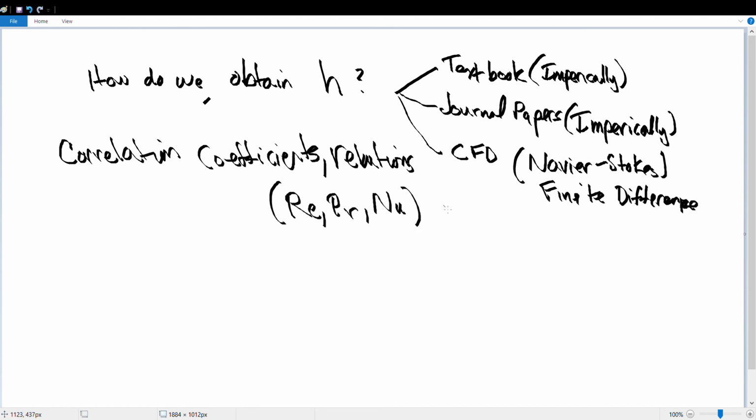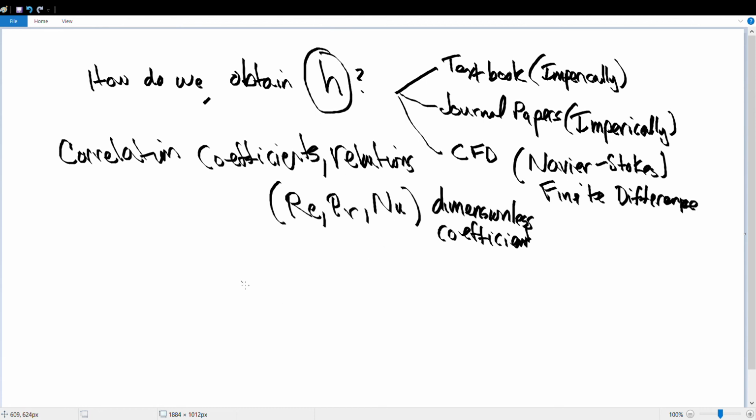These are basically dimensionless coefficients that help us to determine, given a certain flow, whether it's turbulent or whether it has high heat diffusion and things like that. The bottom line is what we're trying to find is H.